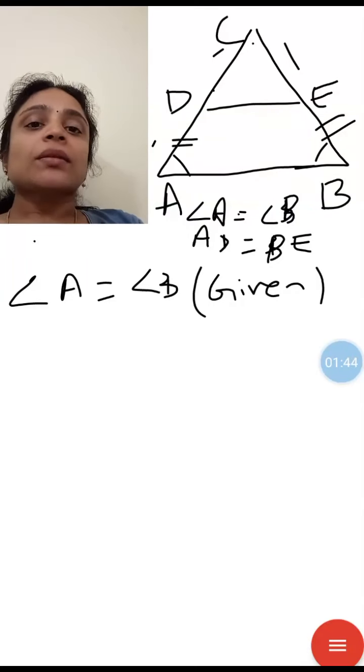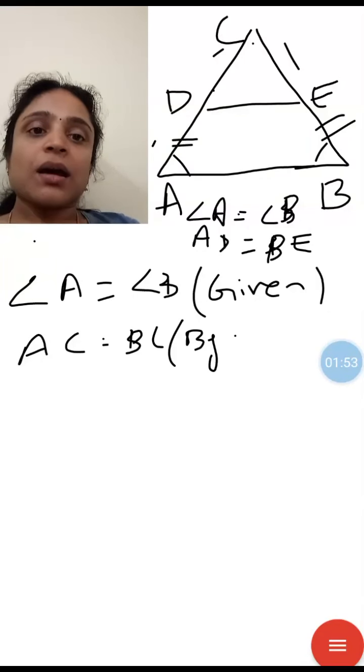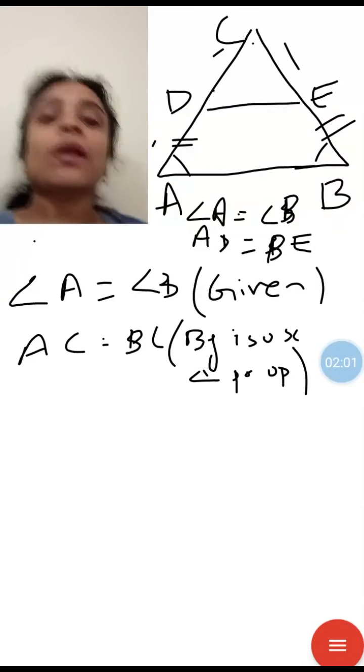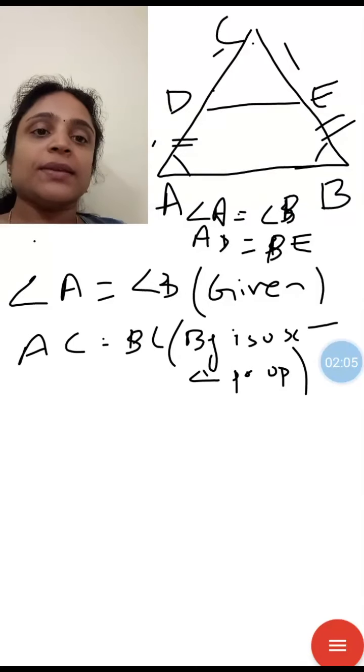So, the sides AC and BC will be equal, right? That is by isosceles triangle property. So, AC equal to BC by isosceles triangle property. Okay. Now, we got AC equal to BC. Let this be equation 1.